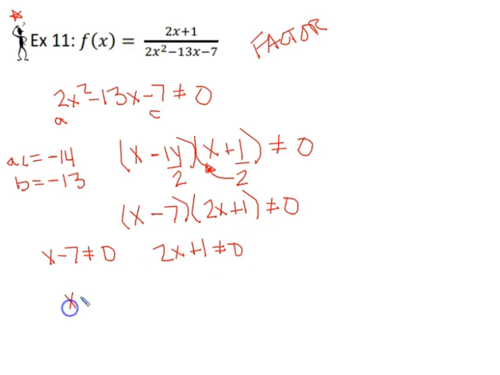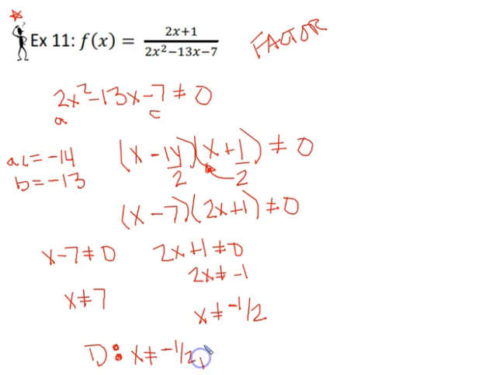A restriction on our domain from our first factor would be that x cannot equal 7 when we add it over. And if we do a little bit of solving here, a restriction on our second factor would be -1/2. So every x value you can think of would work in this problem, but x cannot equal -1/2 or 7.